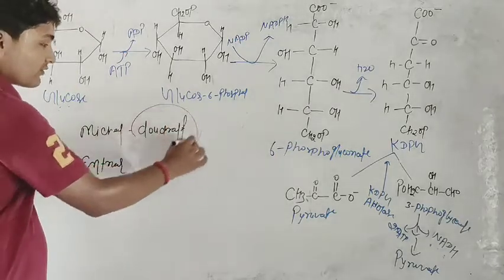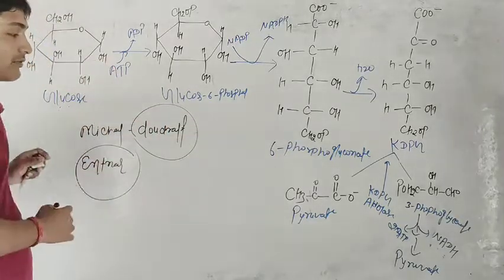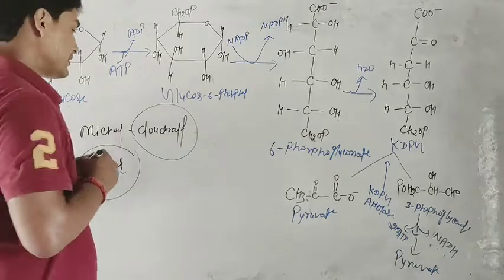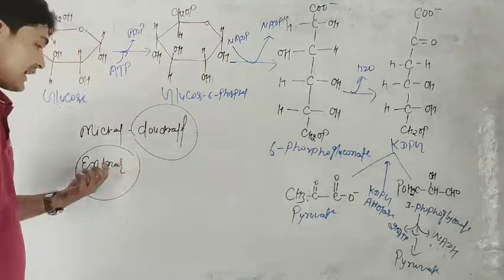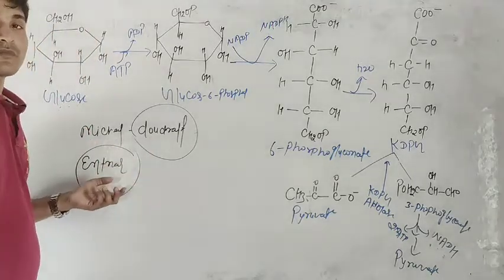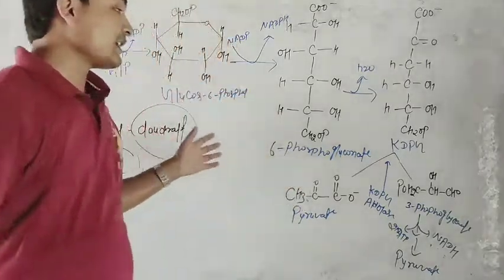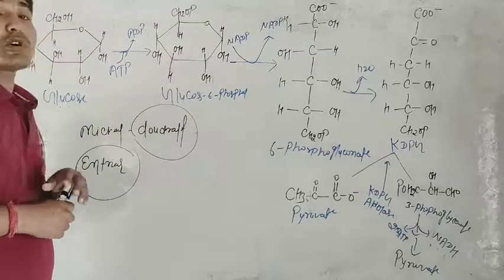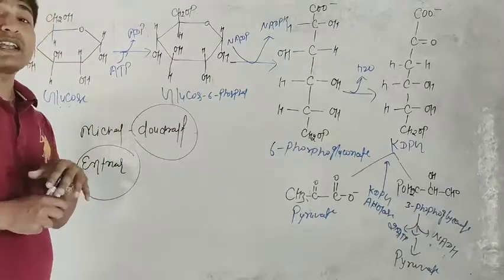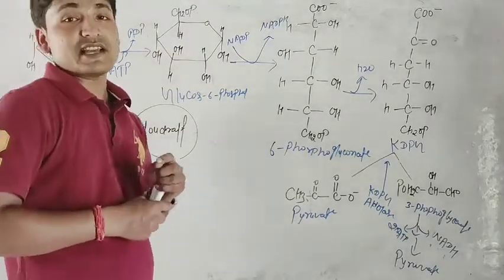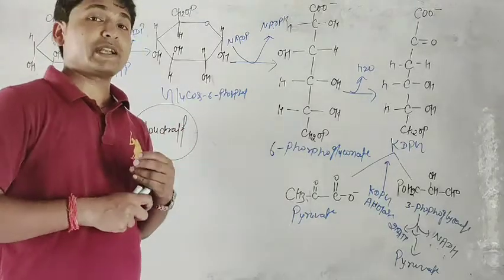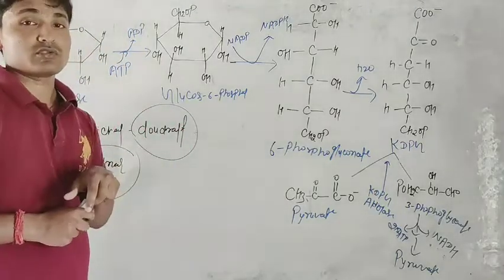On the basis of these scientists' names, the pathway name Entner-Doudoroff was derived. So finally you can see that this pathway occurs only in prokaryotes, and it is the alternative pathway that synthesizes 2 moles of pyruvate from 1 mole of glucose.